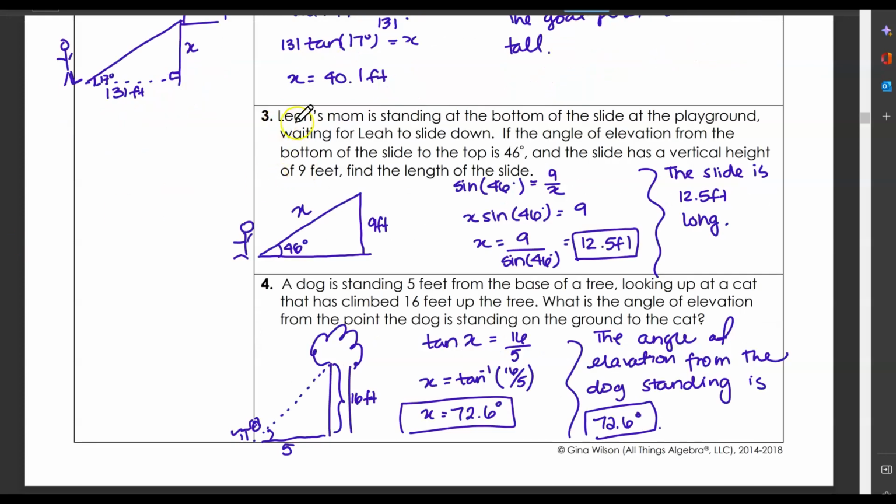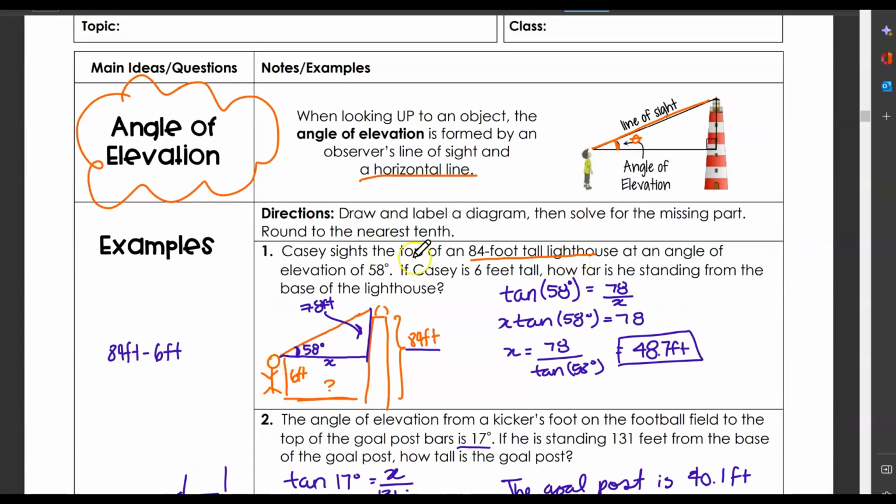All right, for number 3, we have Leah's mom is staying at the bottom of the slide of the playground, waiting for Leah to slide down. If the angle of elevation from the bottom of the slide to the top is 46 degrees. We really need to be paying attention when we're working with angle of elevation to the position of that angle. In that first problem that we did, we saw that it was based off of the line of sight, right?